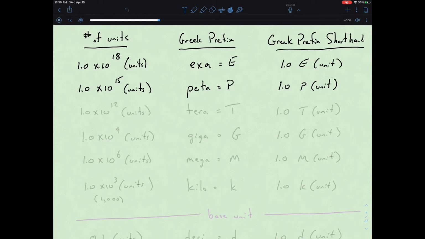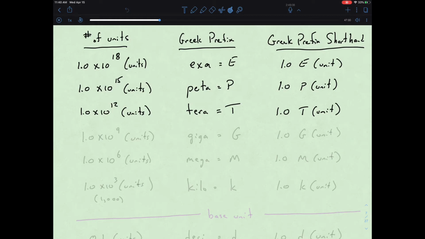We tend to see this going down by powers of 3, so that's what we see for the next. We go down to 1 times 10 to the 12th units, so still looking at very big numbers. This would be tera, or capital T, and so this would be 1.0 tera units.